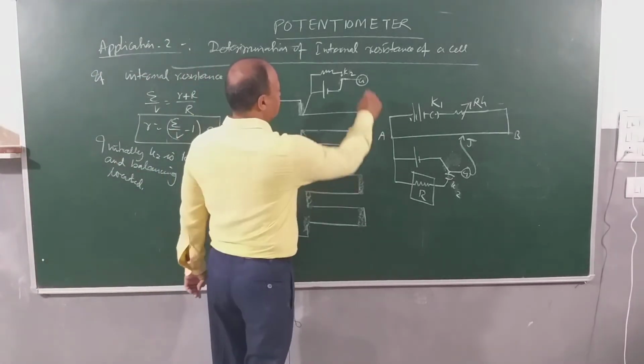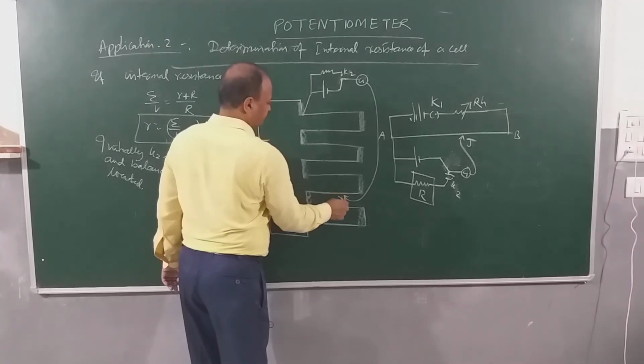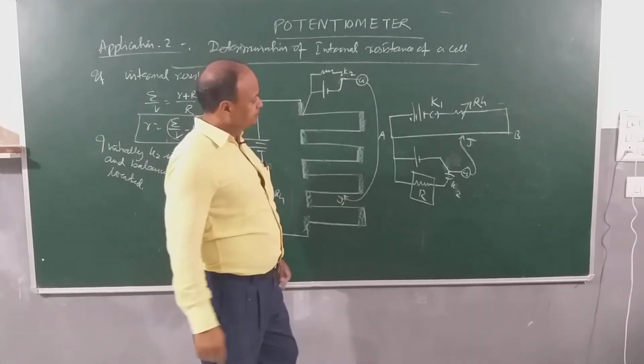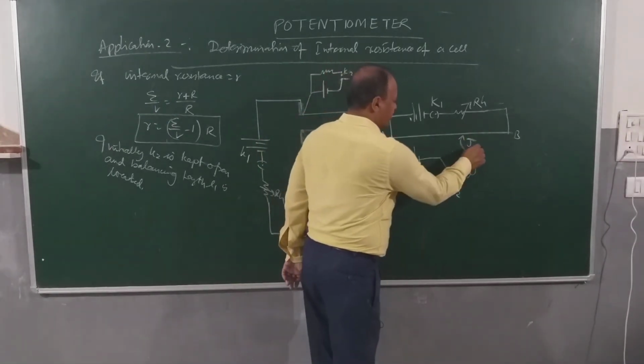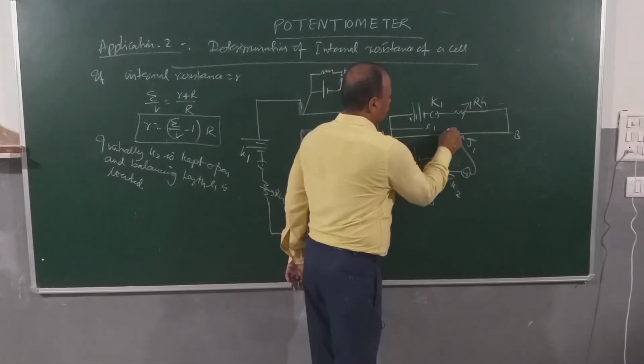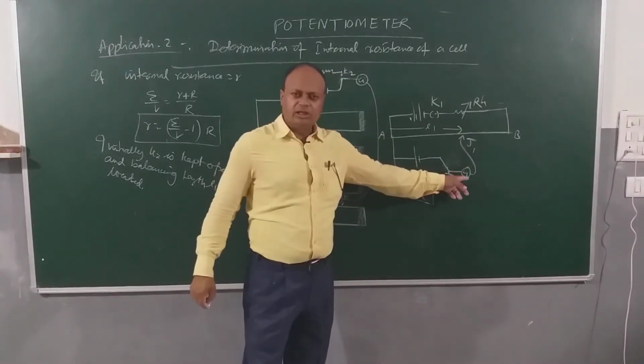I'll take the jockey and slide. Suppose the jockey comes here, this position J1. Same thing here, slide the jockey at a certain position J1 and length L1. This galvanometer will be showing no deflection.